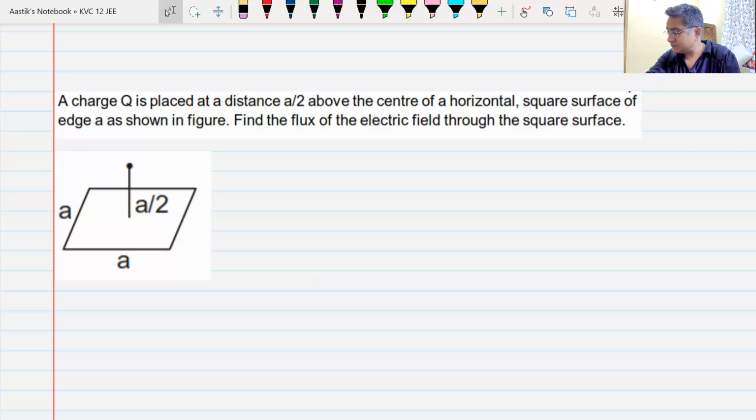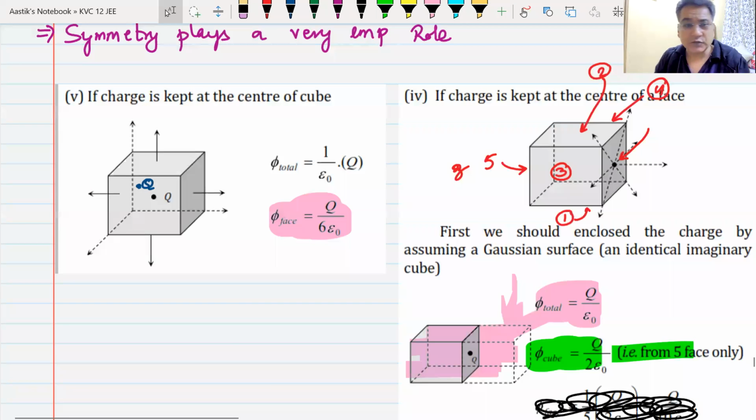This question is exactly the same as the first question that we did on the cube, where we had placed a charge exactly at the center of the cube.